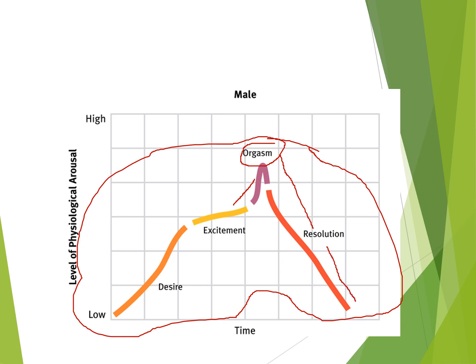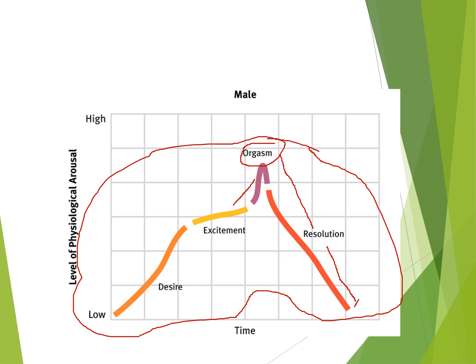Again, it can start over after some time. It can be immediate, but take some time again, where the resting stage means the body is back to the normal state that it was in, and during this period it could take hours to days, depending on individual differences.